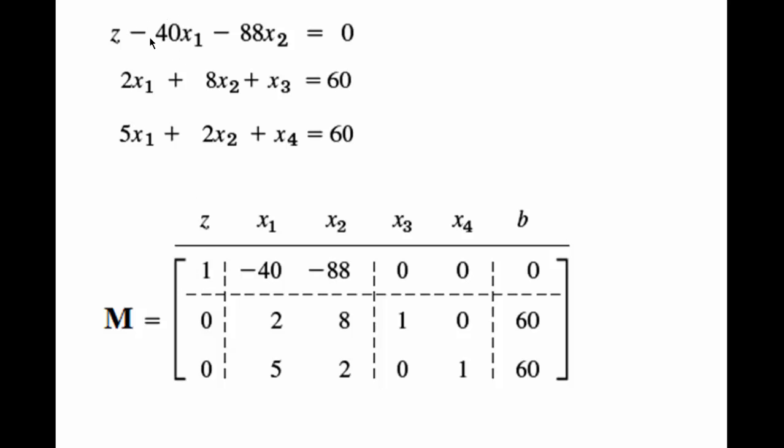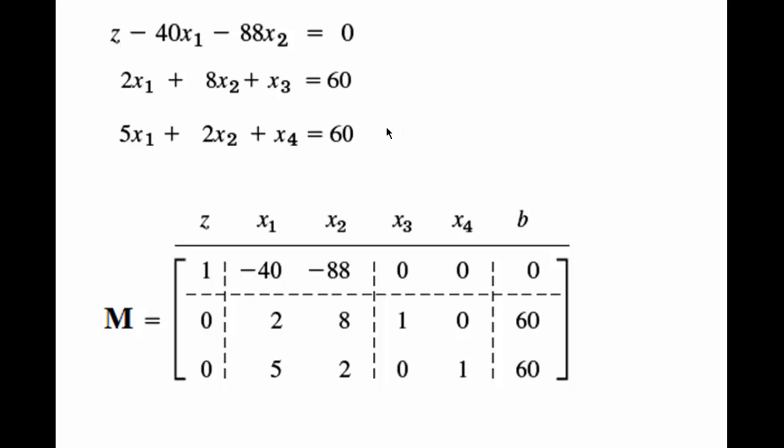We have minus 40 in x1, so we write minus 40. Minus 88 in x2, minus 88. And we don't have x3 or x4, so we write 0 and 0. And the constant here is 0, so we write 0 in the B column, which represents the constants: 0, 60, and 60.